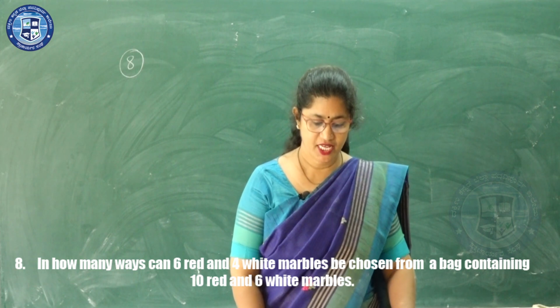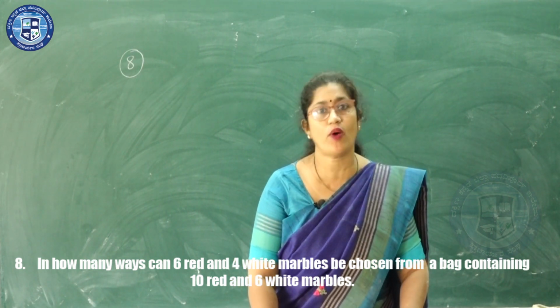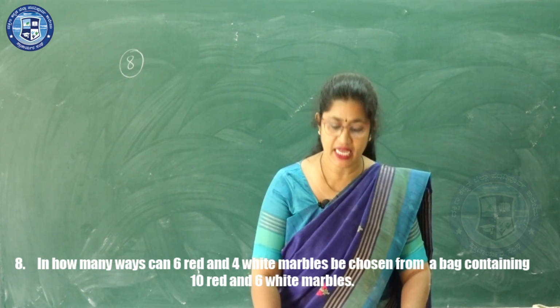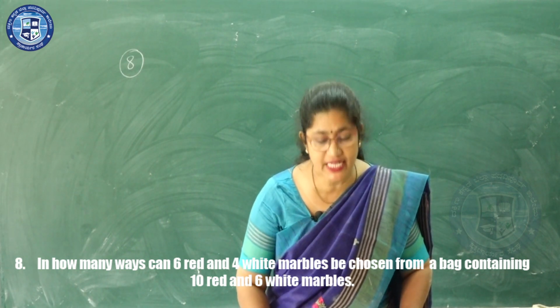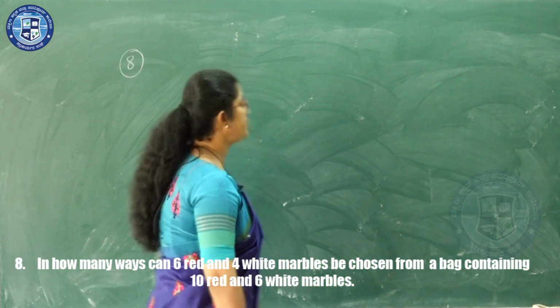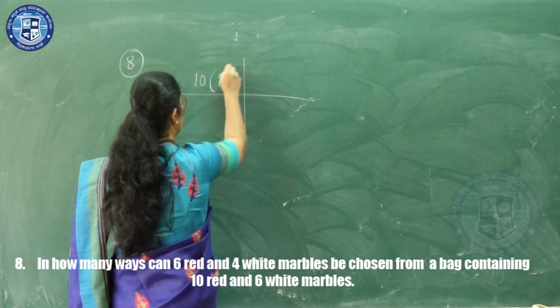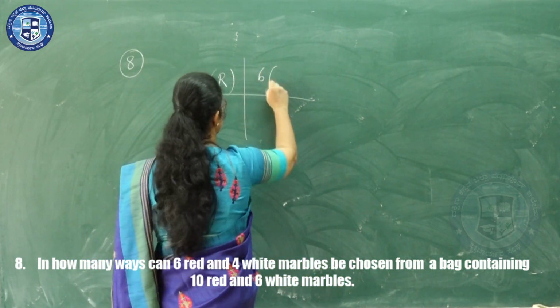Question 8. In how many ways can 6 red and 4 white marbles be chosen from a bag containing 10 red and 6 white marbles? So first let us see what is given. We are given a bag contains 10 red marbles and 6 white marbles.